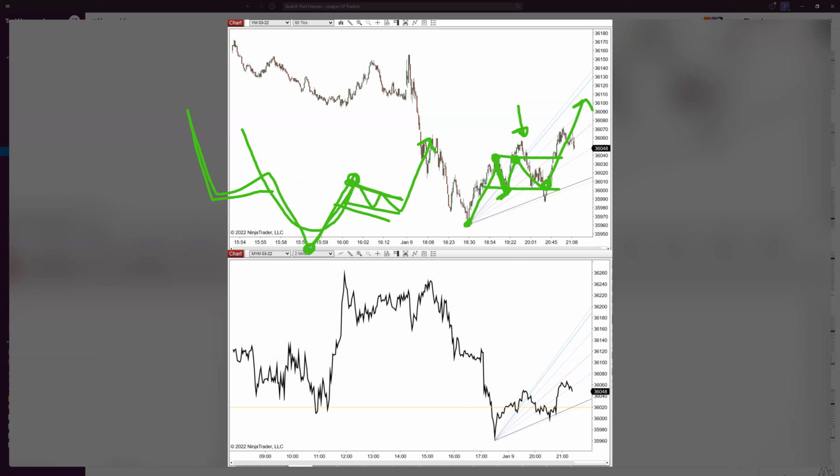And then as it comes back, the 76.4% Fibonacci fan is what we want to look at for timing that continuation trade.